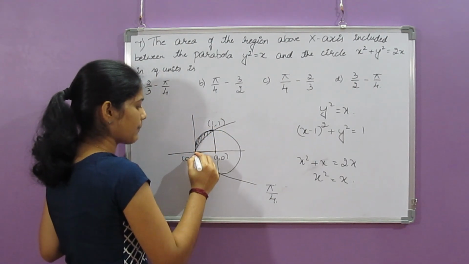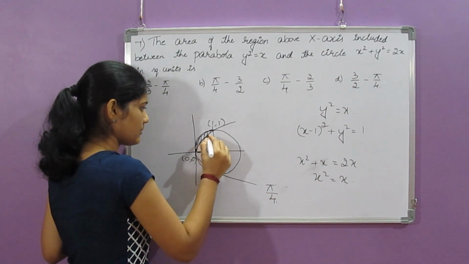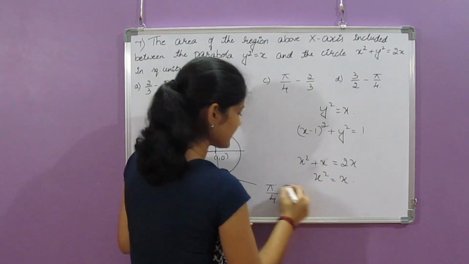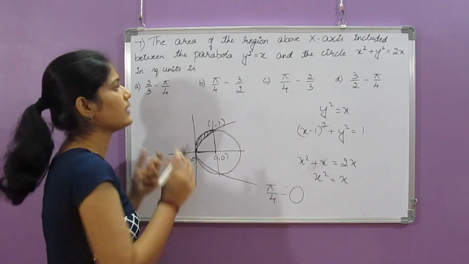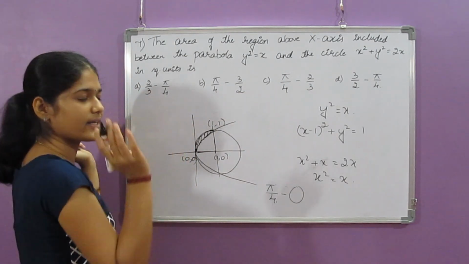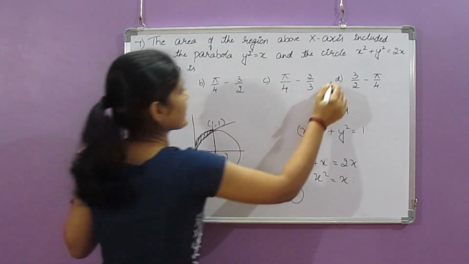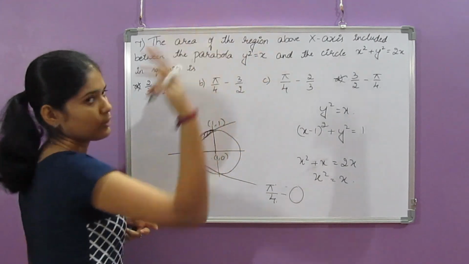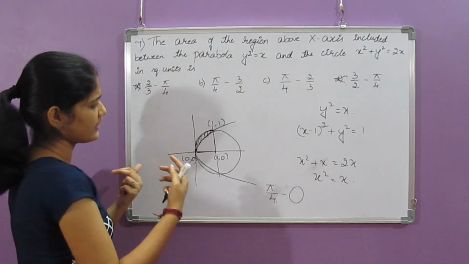Now we have to subtract the area under the parabola. That means we have to subtract this region. So it will be pi by 4 minus something. In these two options we have pi by 4 minus something. So directly we can reject these two options. Now we have to find whether it is 3 by 2 or 2 by 3. For that we will integrate.